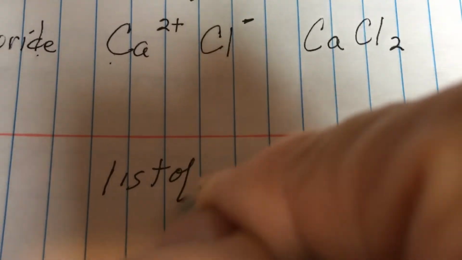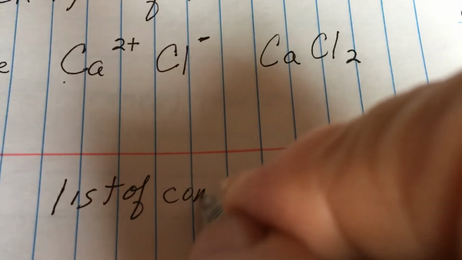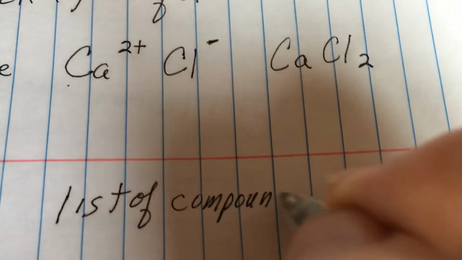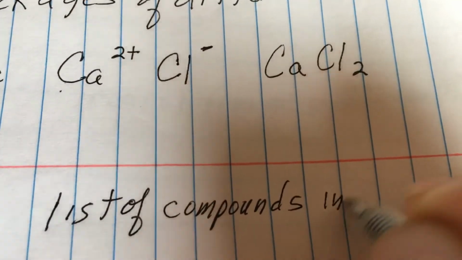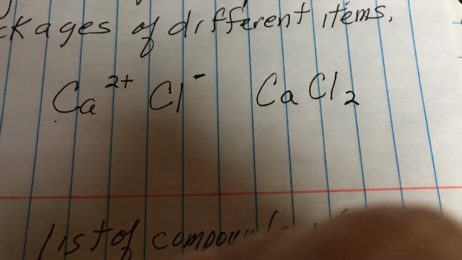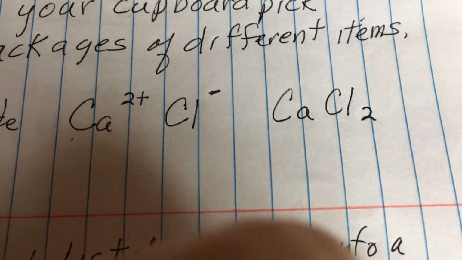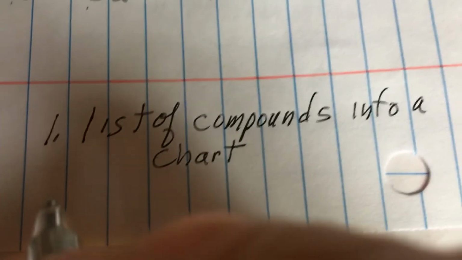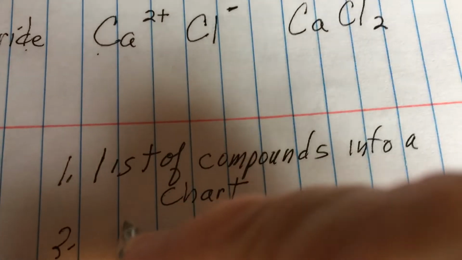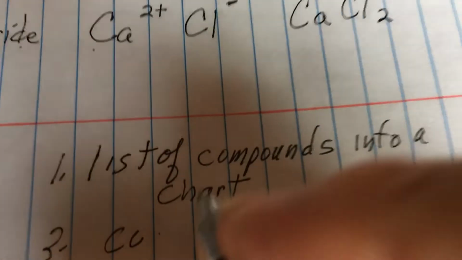So you are going to do the list of compounds into a chart. That's number 1. And number 2, compounds from food wrappers.